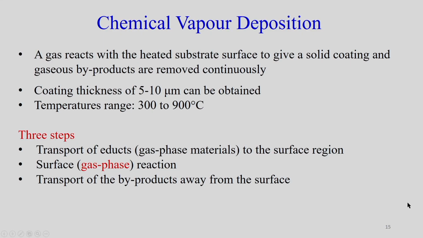Now, we will quickly discuss a few chemical methods. In the chemical methods, as we discussed, the first one is chemical vapor deposition. In case of CVD, the starting material is a gas or a liquid. They will form a vapor and the vapor will reach the substrate.